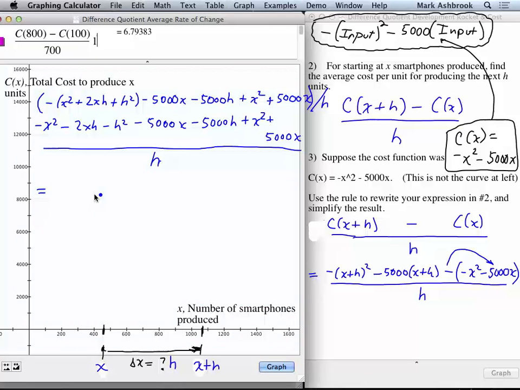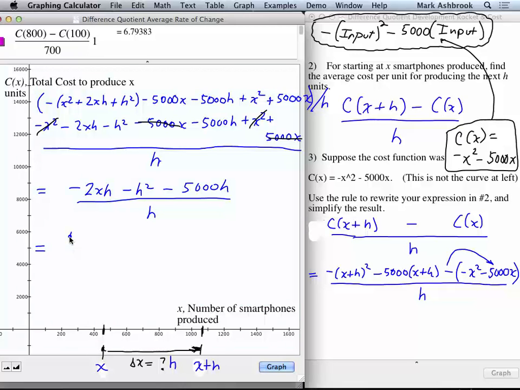Okay, what becomes 0 here? We've got a minus x squared and a plus x squared. Anything else? Minus 5,000x plus 5,000x. So what we're left with is negative 2xh minus h squared minus 5,000h all over h.